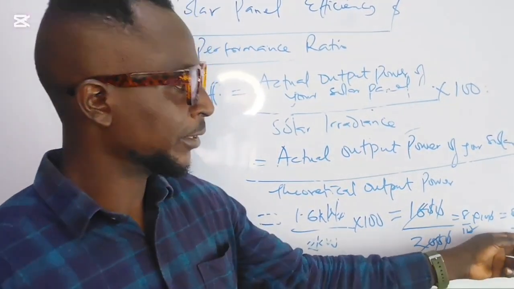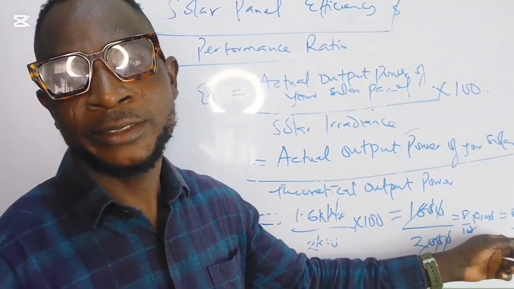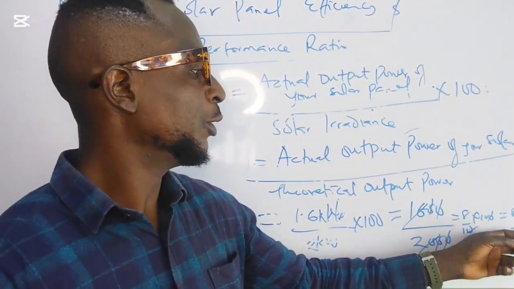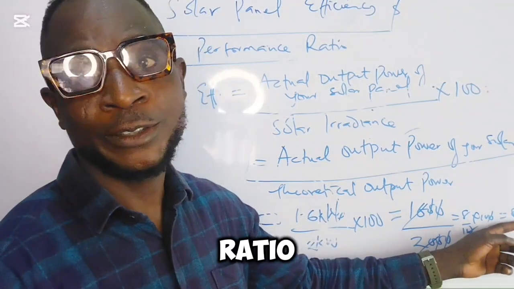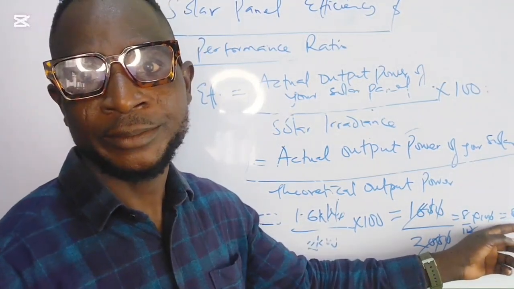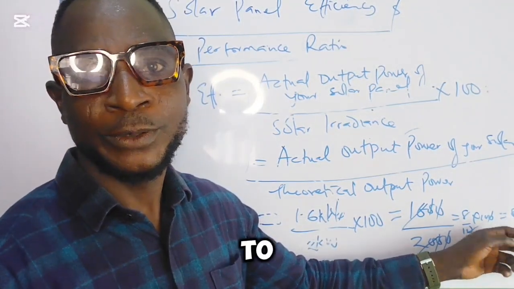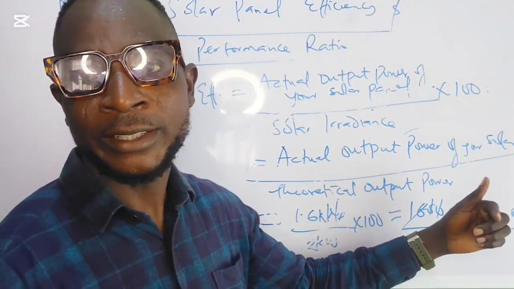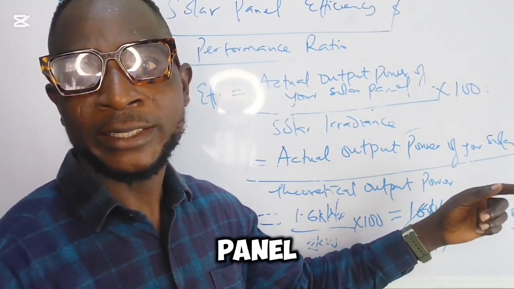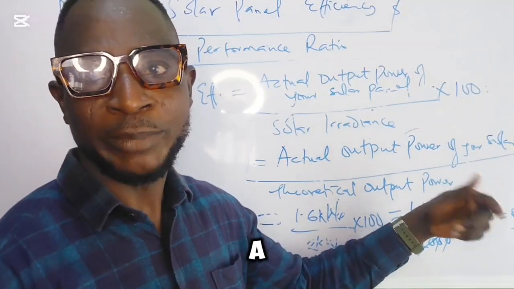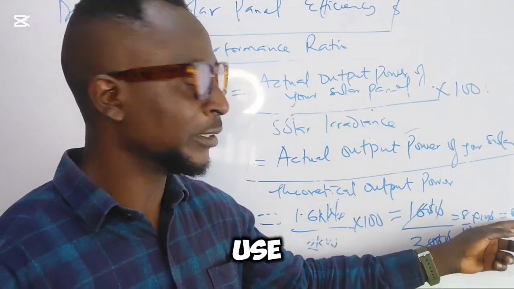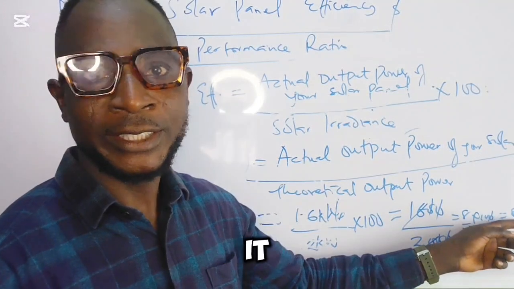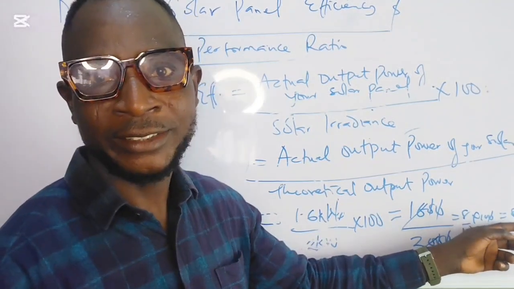So if you are designing your solar system, you can use a performance ratio of 80% to get the total size of panel that will charge a particular battery. It is actually not the efficiency.